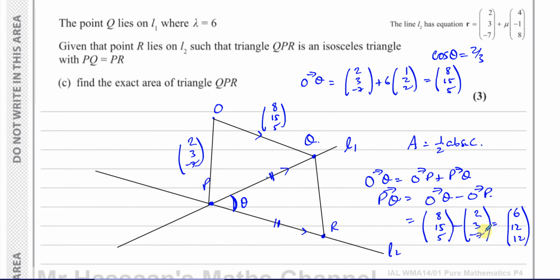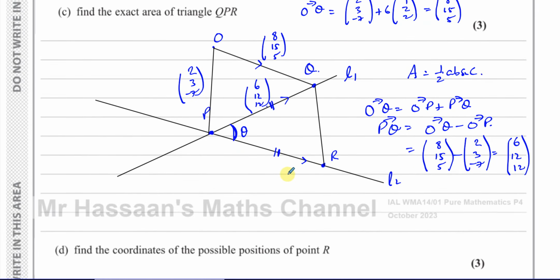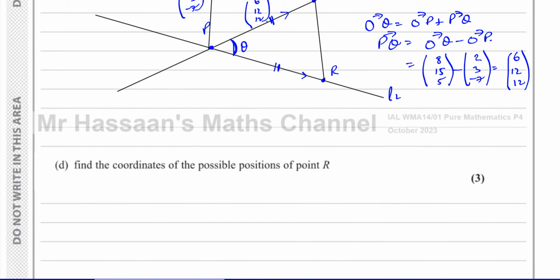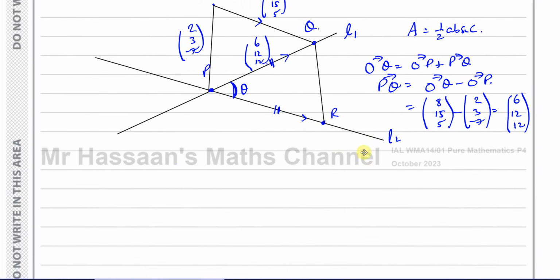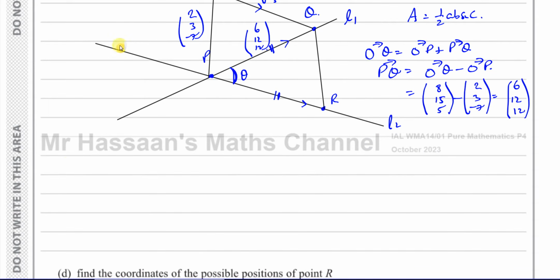So this is the vector P to Q, (6, 12, 12). I now know that the magnitude of P to Q is given by the square root of 6 squared plus 12 squared plus 12 squared. So that's going to give me what? Where's my calculator gone?